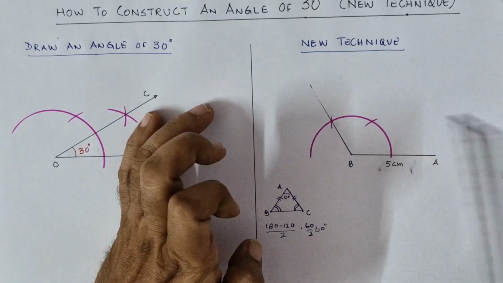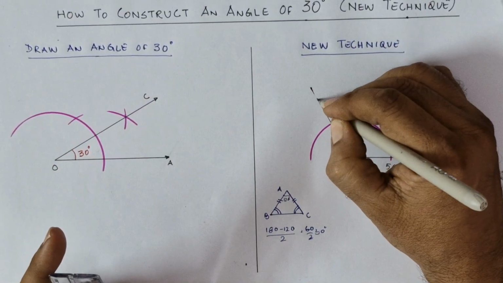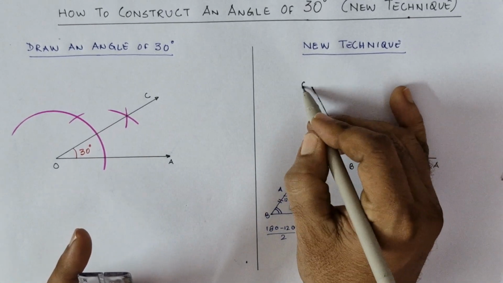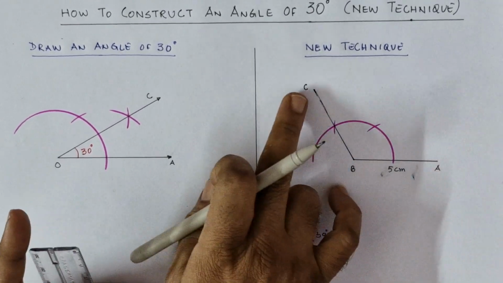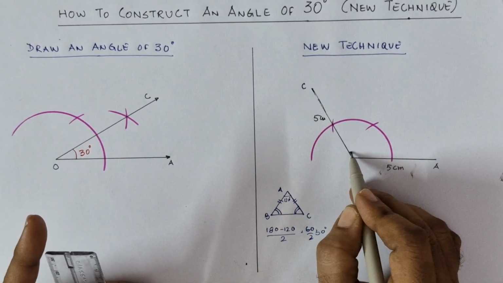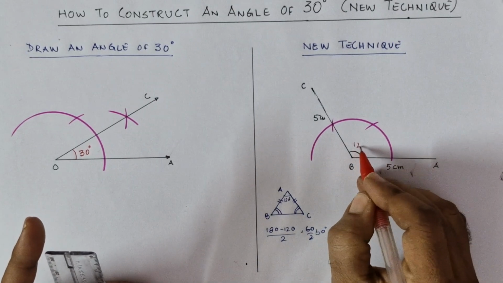So this one is 5 centimeter, and this one is again 5 centimeter, but this angle is how much? This angle is 120 degree.